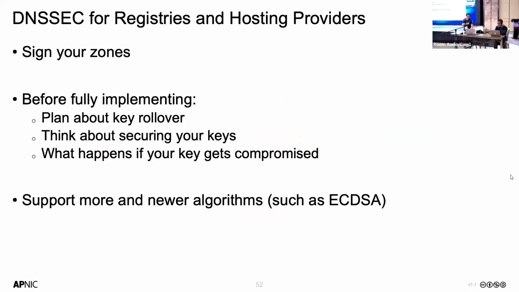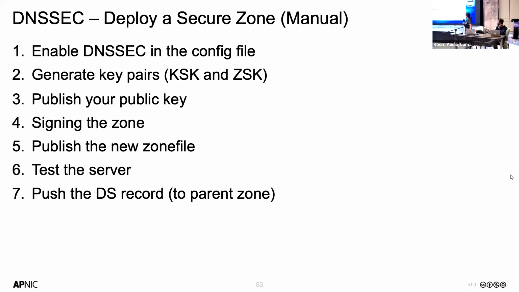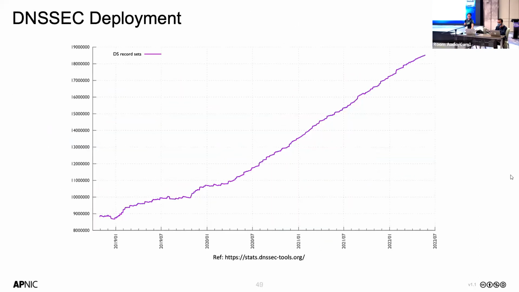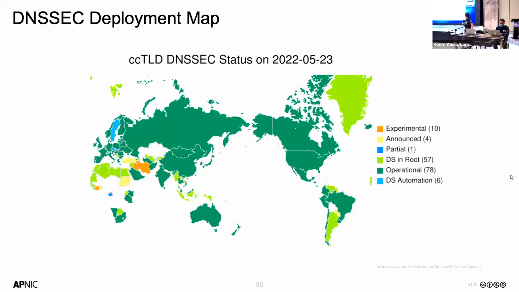This is still not working for me, so I'll just use this one pretty quickly. I wanted to show you some statistics. DNSSEC deployment is actually going pretty well. We have millions of DS records already added, which means those zones have already been signed, and this is as of this year. We can have a look at that from the web.